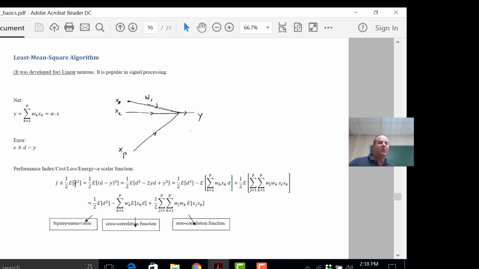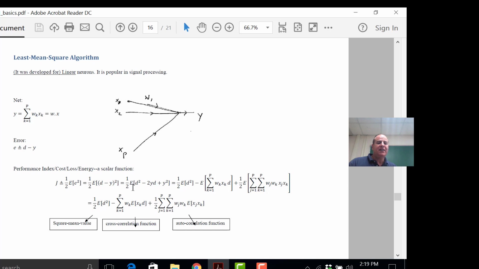Then this error squared is nothing but desired minus y, squared. And then what is y? You write what y is, which is this one here, a dot product between a vector w and a vector of input. This is just a compact representation of this whole expression here. Then basically you take the quantity and you square it.